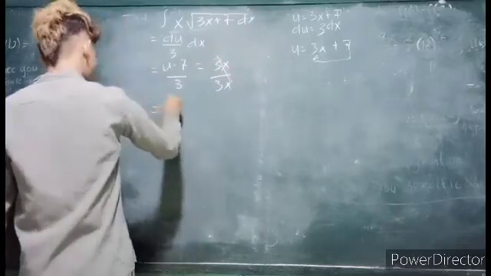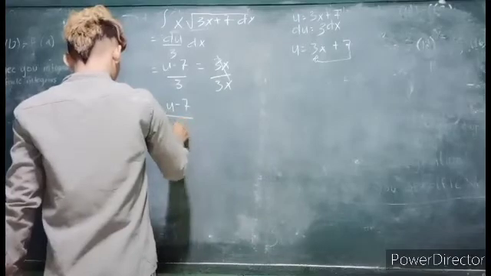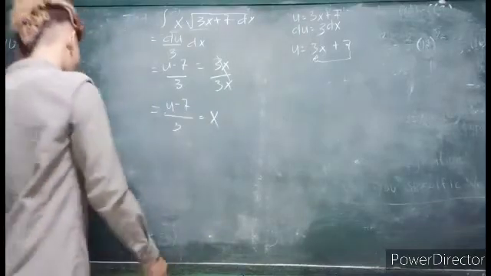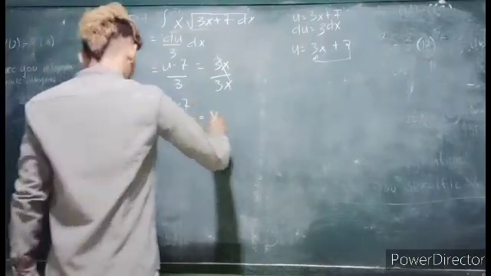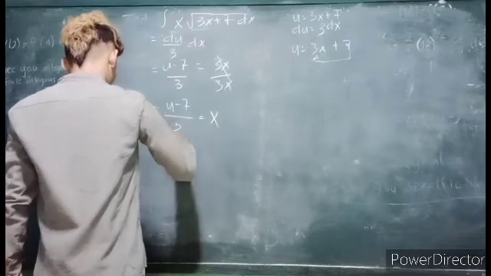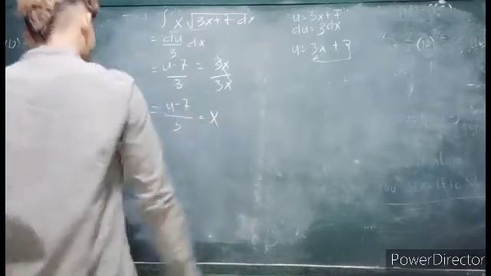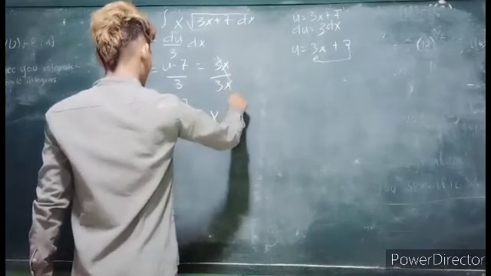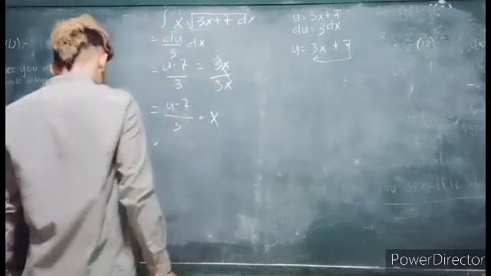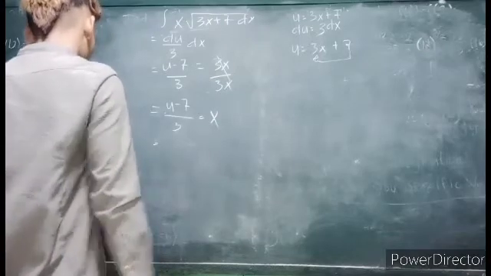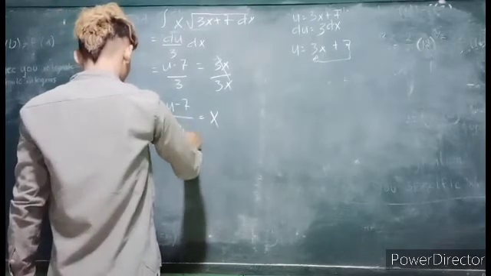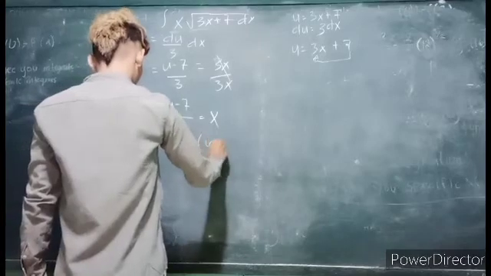So what is left is u minus 7 over 3 equals x. So x equals 1/3 u minus 7.